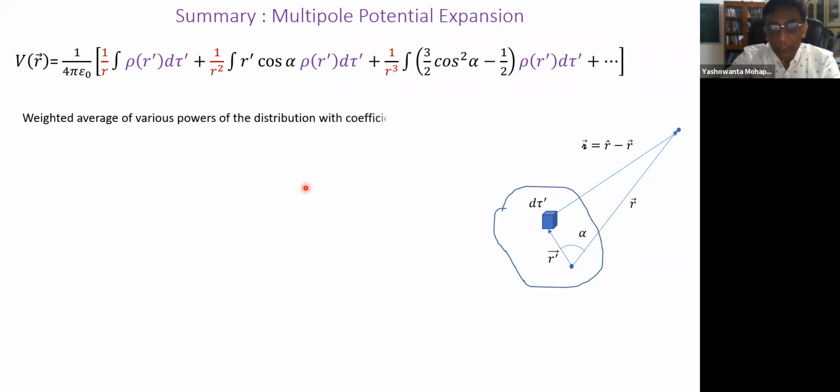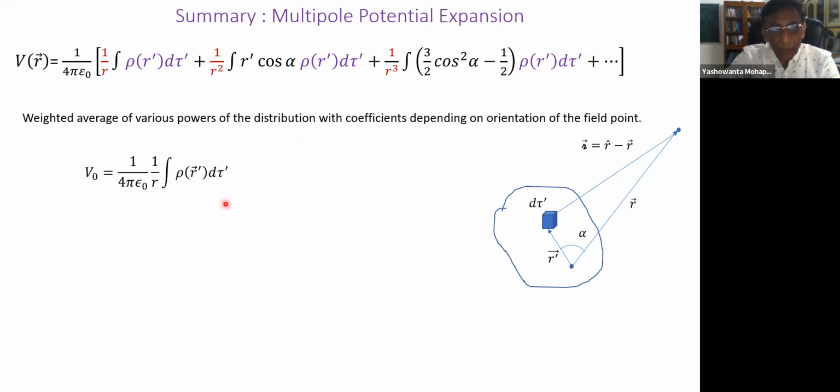Let me say it in words: a weighted average of various powers of the distribution, with coefficients depending on the orientation of the field point, cos alpha. So we are doing a weighted average. This is weighted with nothing, this is weighted with r prime, and this is weighted with the coefficient.